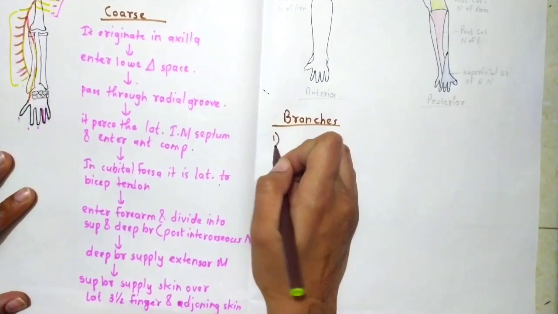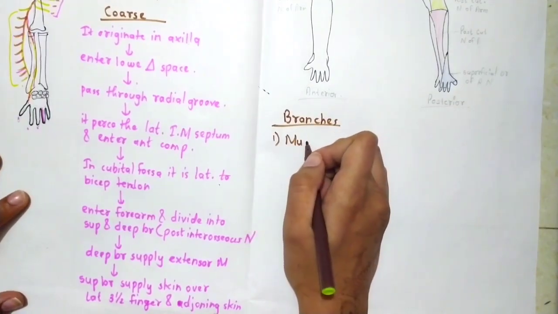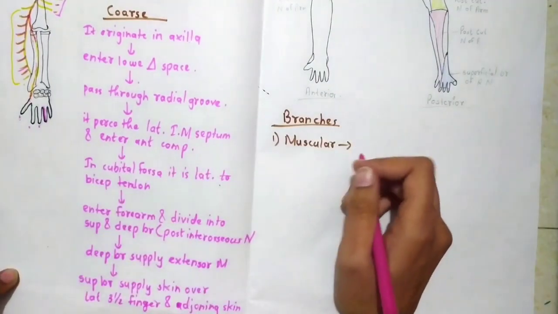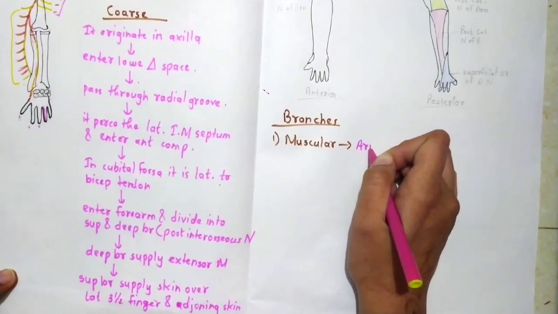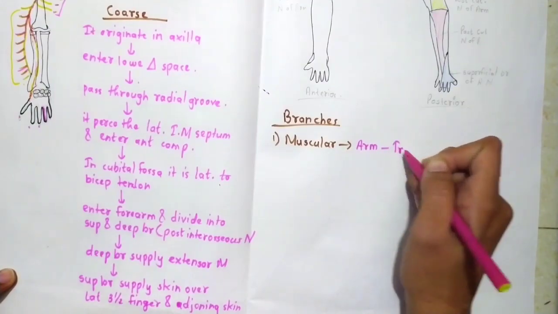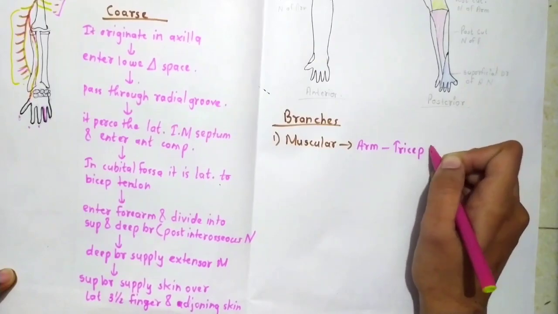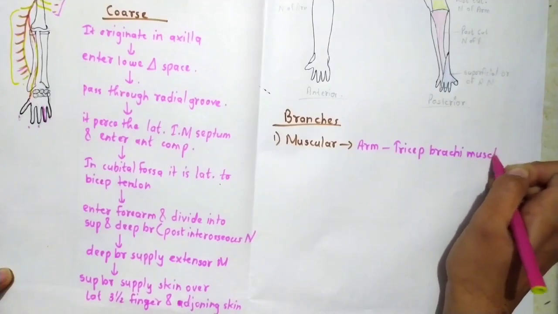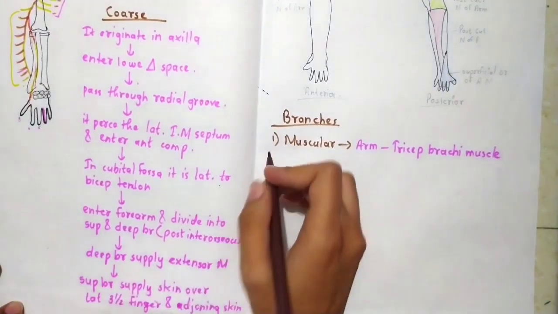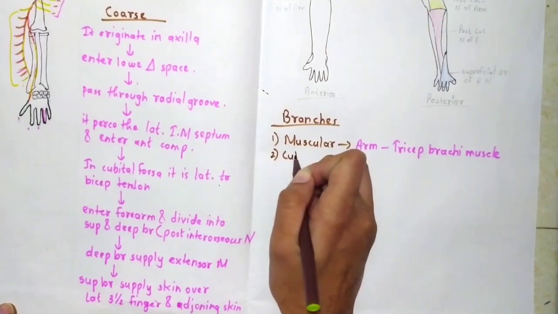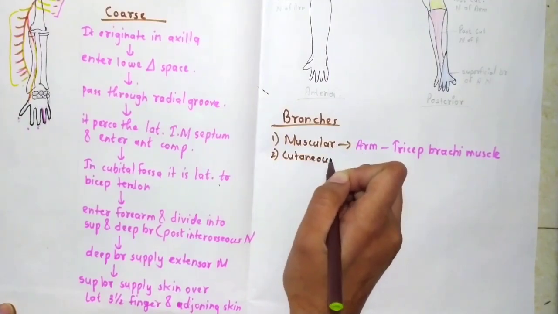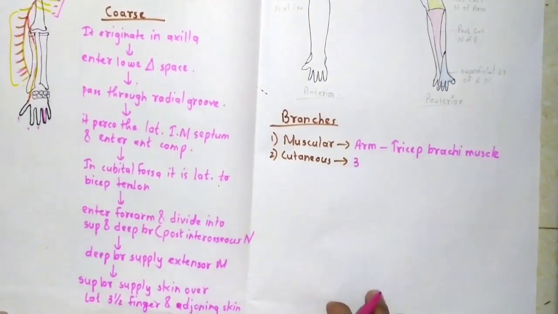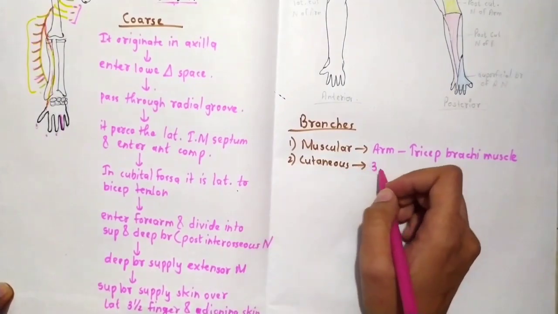First is the muscular branch, which is in the arm for the triceps brachii muscle. And then cutaneous, that is for skin. It will give 3 cutaneous branches in the arm.